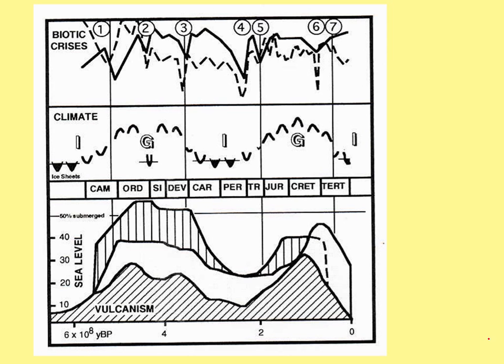And the upper part of this diagram is of interest mainly because it shows some of the extinction events or biotic crises that have occurred in the last 500 million years or so. So here, for instance, crisis number 6 is the Cretaceous-Tertiary boundary, extinction of the dinosaurs and all that other stuff. So climate then is an important component of determining where and how carbonates form.